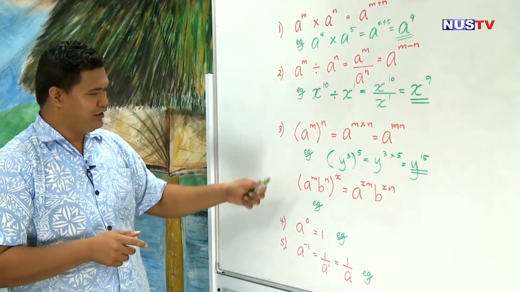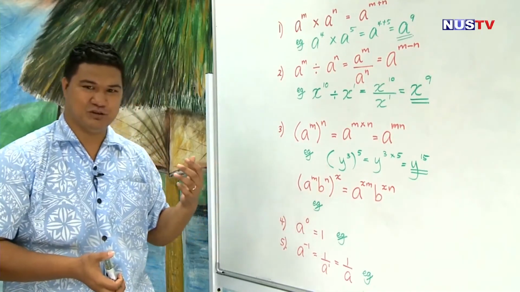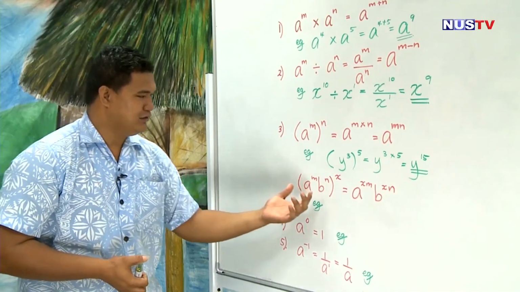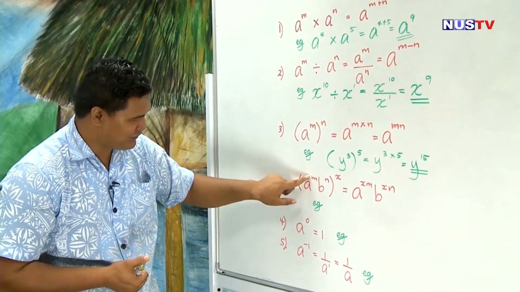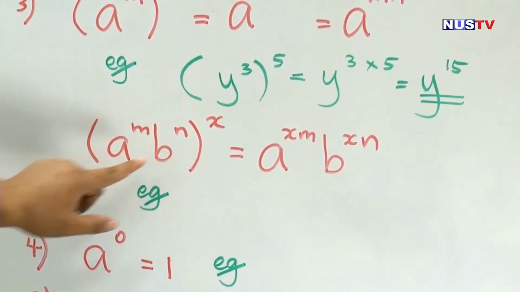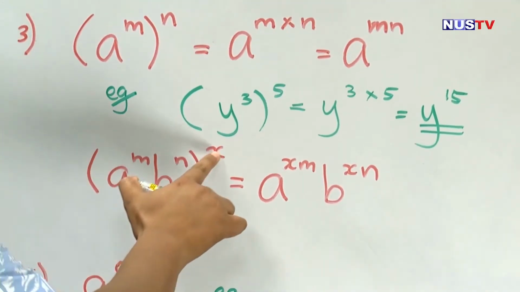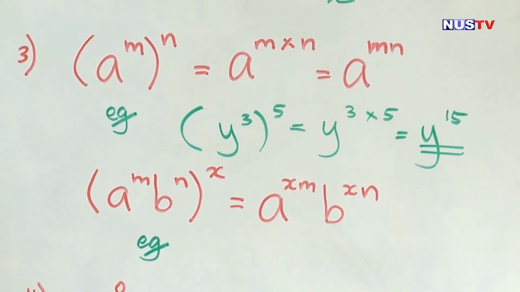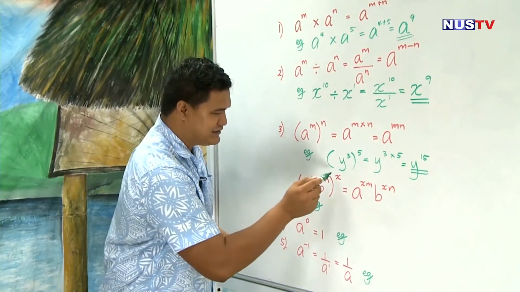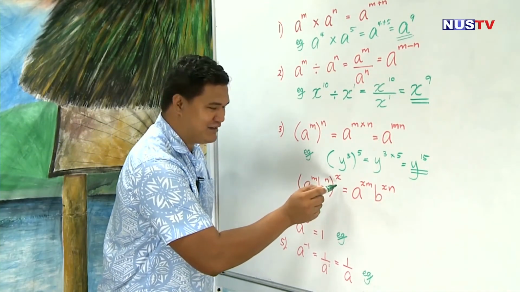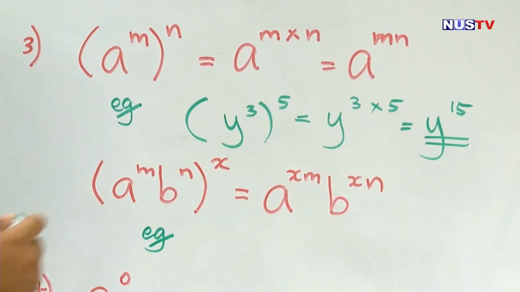Following the same format, say we have two different terms inside a bracket, all raised to a power outside. We have a to the power of m, b to the power of n, all of this in brackets, raised to a power of x outside. What we have to do here is multiply the power outside to all the powers inside our expression.